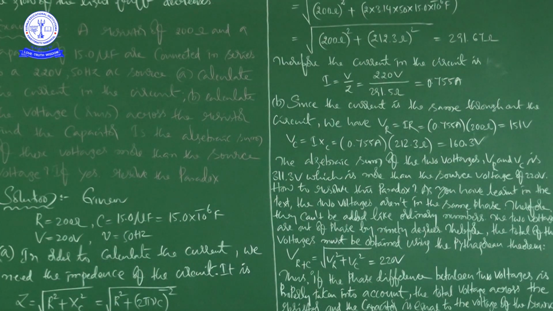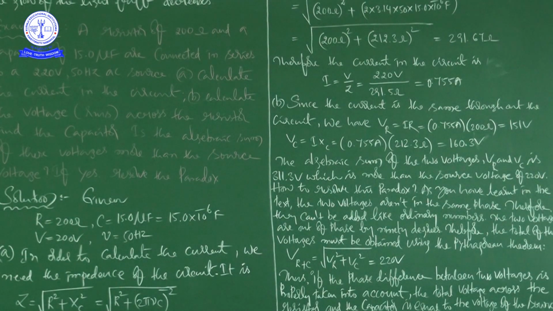Okay, right. First the given things, and we calculated the current by calculating impedance. Then we calculated the voltage across the resistor and the voltage across the capacitor, and the algebraic sum of these two becomes 311.3, which is obviously more than the applied voltage of 220 volts. To resolve this paradox, there is a phase difference of 90 degrees that we also have to consider.